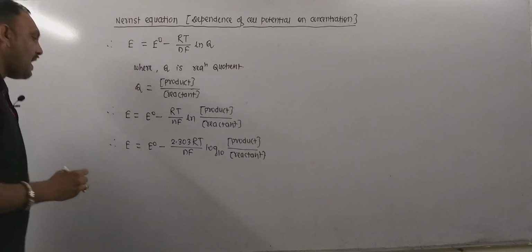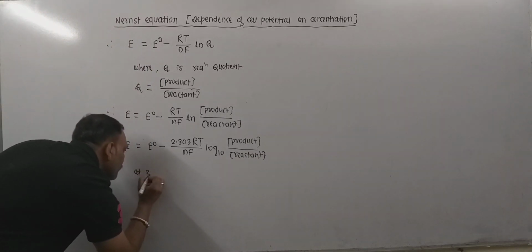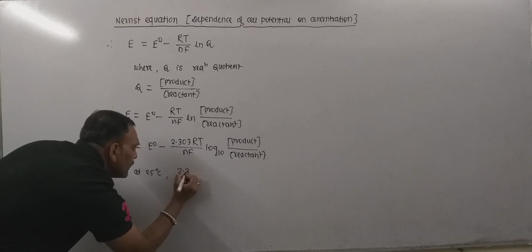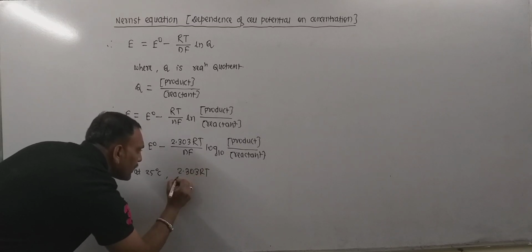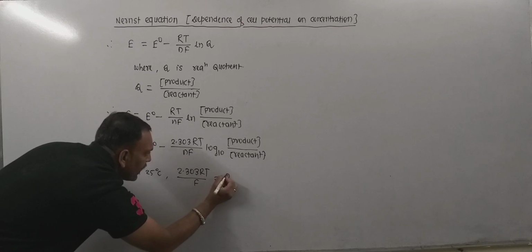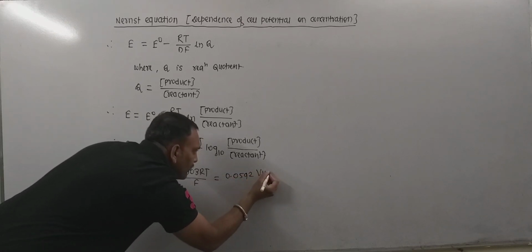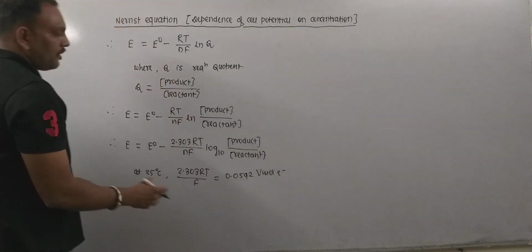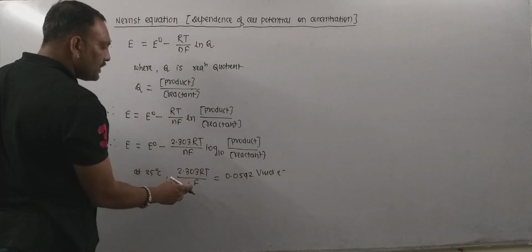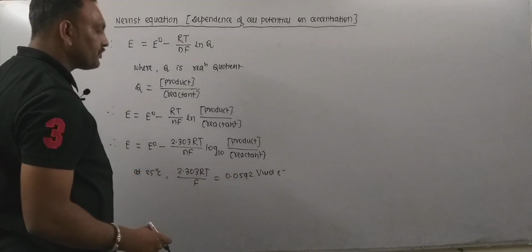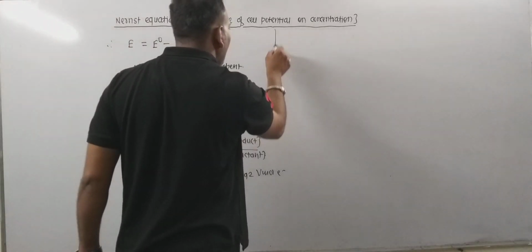Now at 25 degrees Celsius, if we calculate 2.303 RT upon F, its value comes to 0.0592. Now instead of 2.303 RT by F, we can put 0.0592 in the above equation.